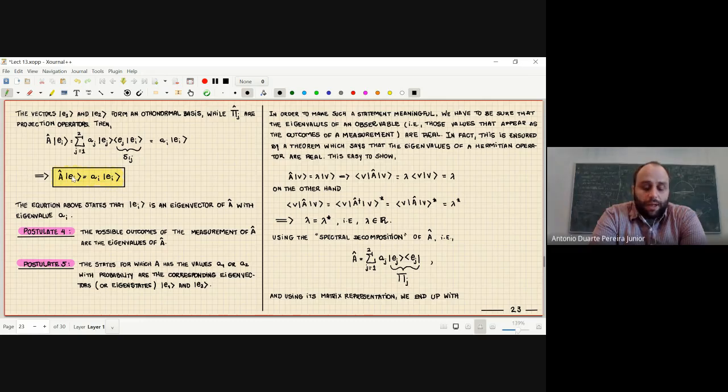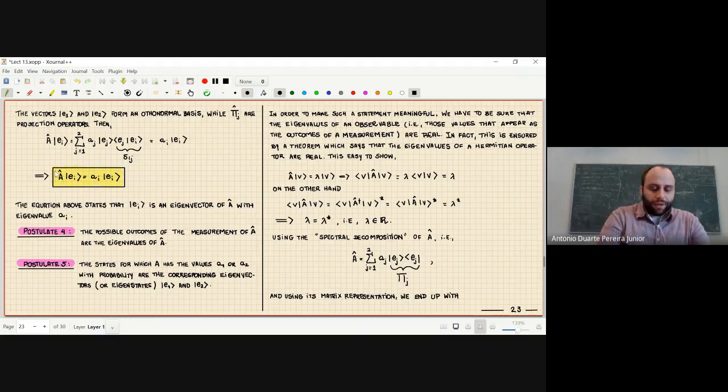So those vectors are eigenvectors of A, and the possible values that I'll measure in the lab are eigenvalues of this operator. This is very abstract, but now you have a systematic way of computing what the states are that are well defined for a measurement and what the possible outcomes of this measurement are. The possible values of a measurement will be the eigenvalues of the operator that represents the observable.